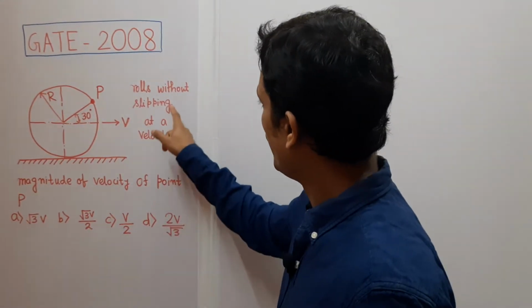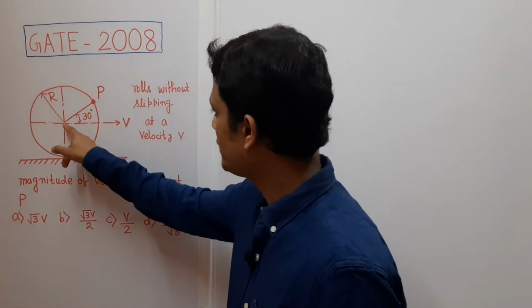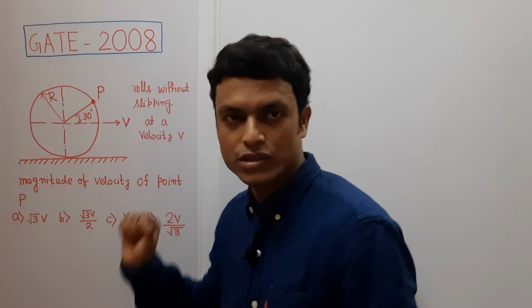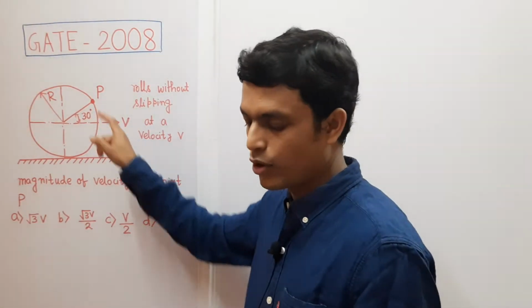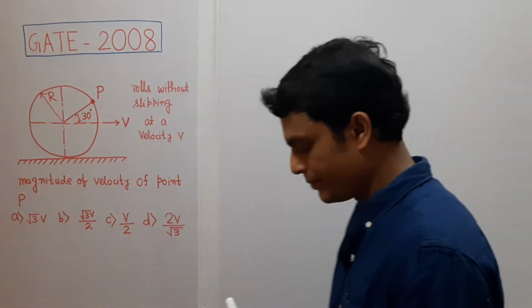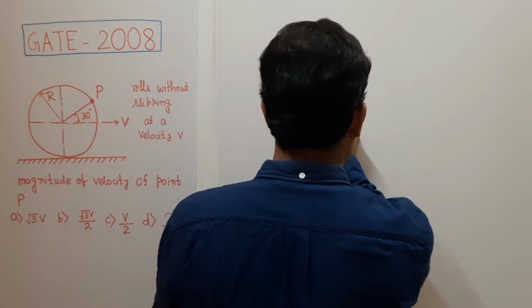So when the disk rolls without slipping at velocity v, that is, the center point has a velocity v, you have to find the velocity at point P. Let us solve it, and let me draw it here once again.